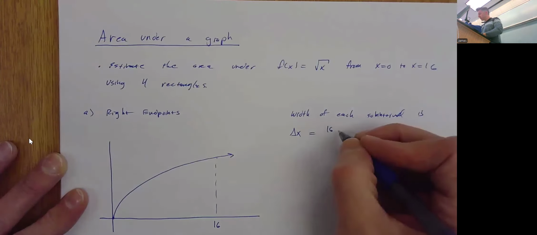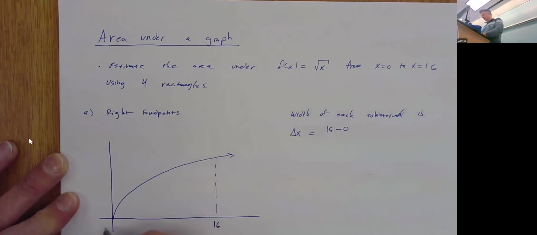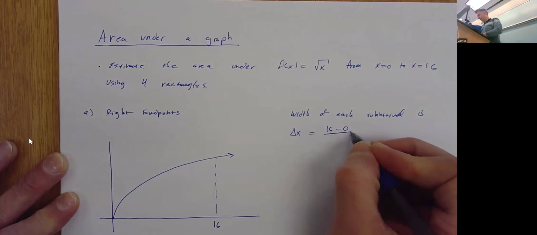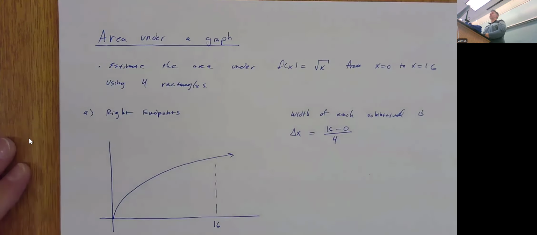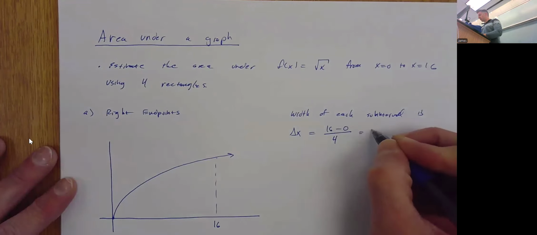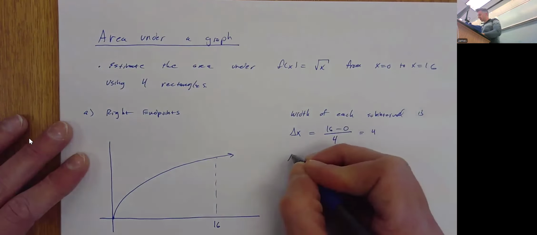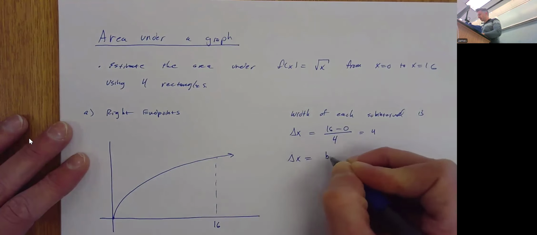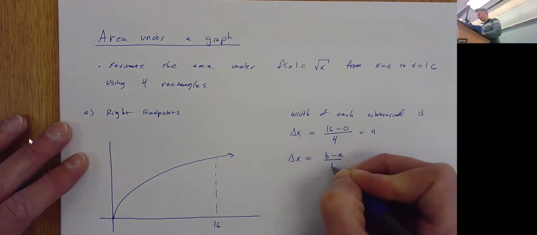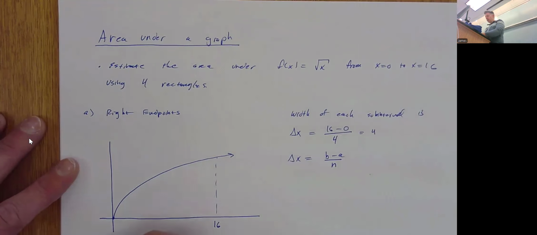The total width, which is 16 minus 0, divided by the number of rectangles, the number of subintervals, which in this case happens to be 4. The more general formula here is delta x equals b minus a divided by n, where a is your left endpoint, b is your right endpoint, and n is the number of subintervals.